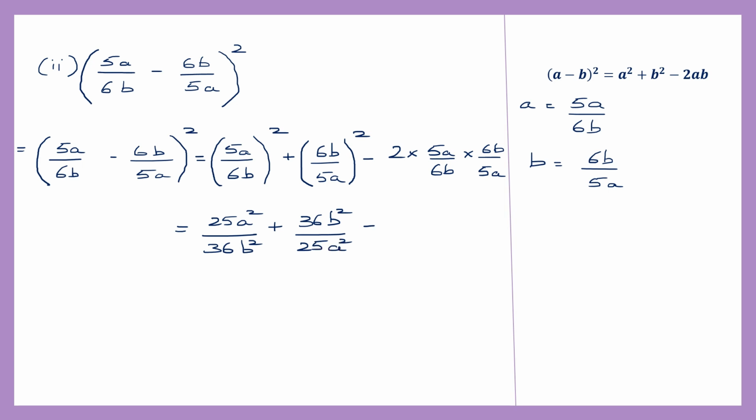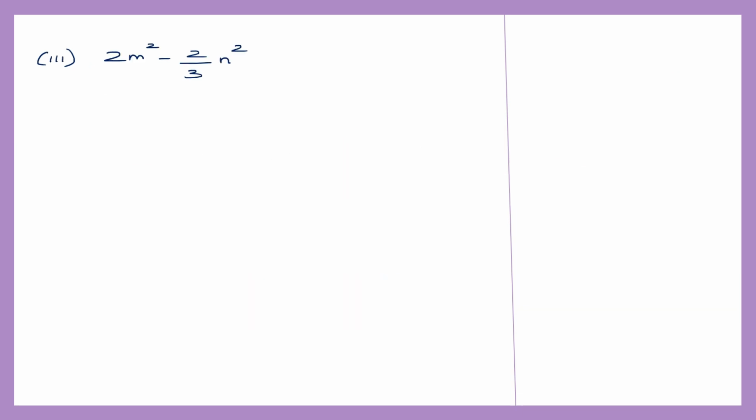Minus, here let's cancel what we can. As you can see, we can cancel 5a and 5a, 6b and 6b. So finally we have only 2 there. So what we have now, this is our final answer: 25a square by 36b square plus 36b square by 25a square minus 2.